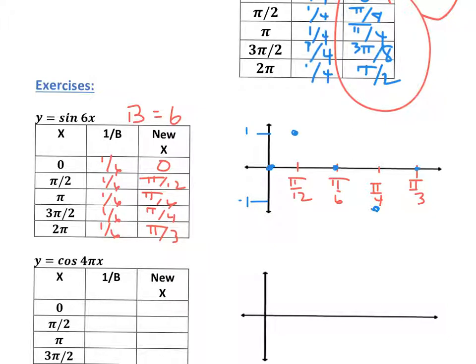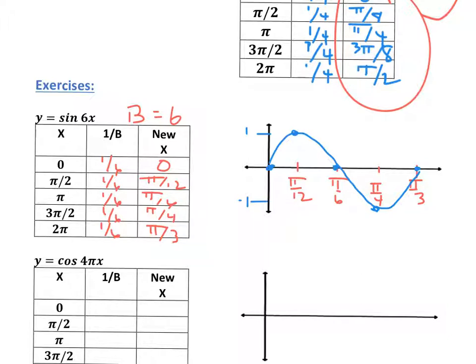And the fourth point is back at the x-axis to complete our sine curve. So if you understand those 5 points and how it creates our sine curve, you now just have to be able to figure out our new x values. And so this chart here with the 1 divided by the b value is a very simple, systematic way of figuring it out. Question?